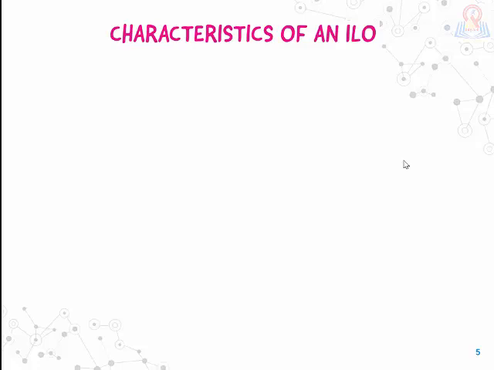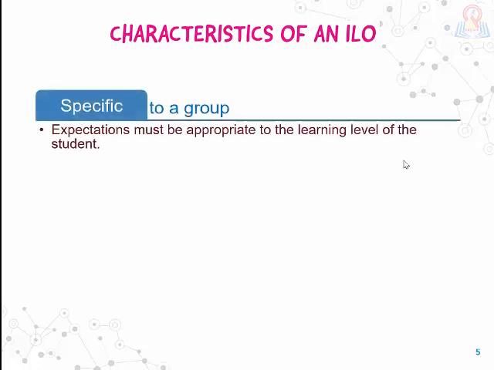Before going deep into the writing of ILO, let us see some important characteristics of an ILO. The first and foremost characteristic is specific. Specific means, suppose in a hospital, a child and an adult suffering from fever meet a doctor.